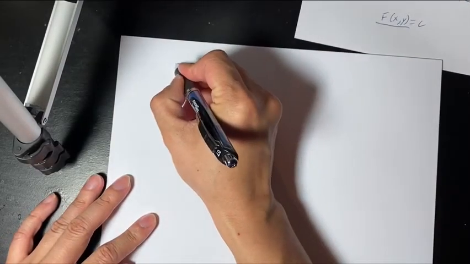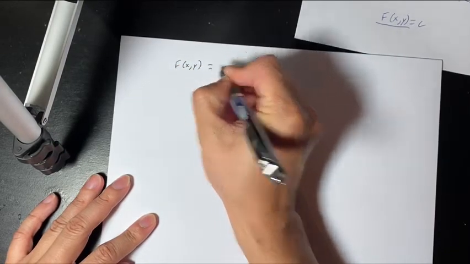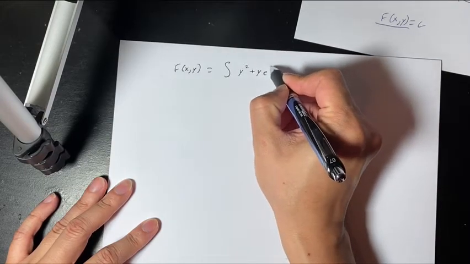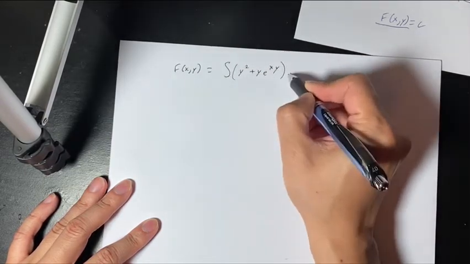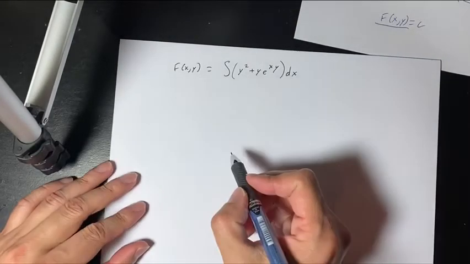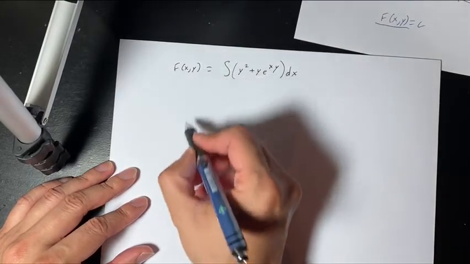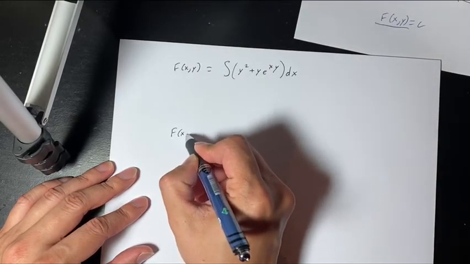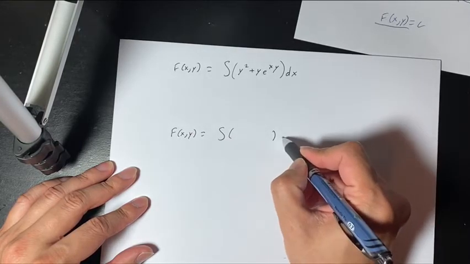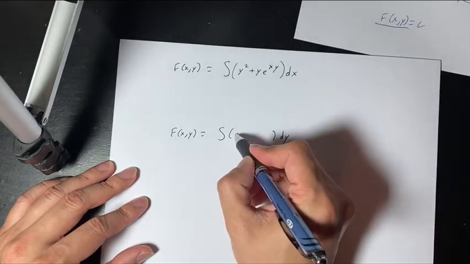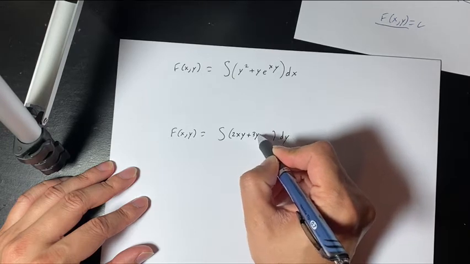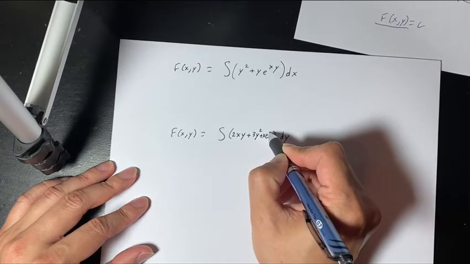All right, so my f of xy is the integral of y squared plus y e to the xy, and this is with respect to x. But we can also get the same f of xy by integrating the f sub y with respect to y, and that is 2xy plus 3y squared plus x e to the xy.